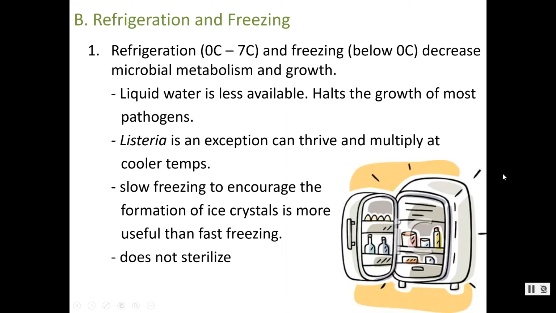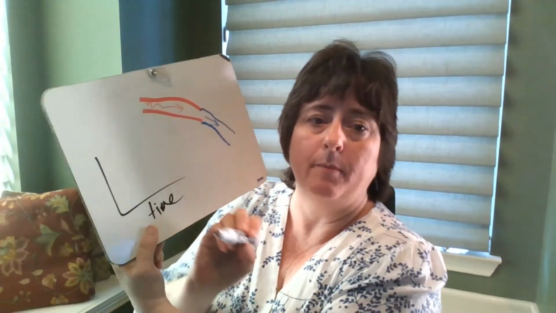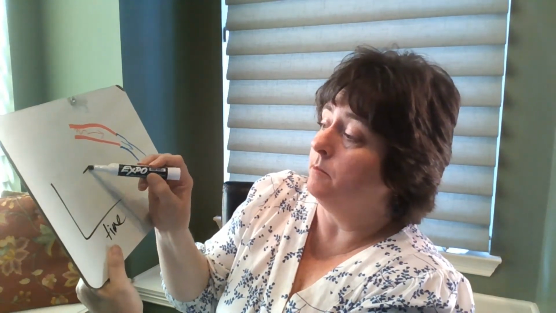Do you remember our metabolic growth curve? Here, I'll go back and draw it for you. So we talked about bacteria growth over time, and we said that bacteria had an optimum growth temperature.